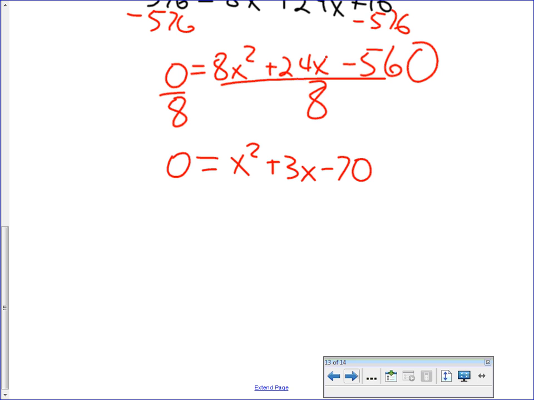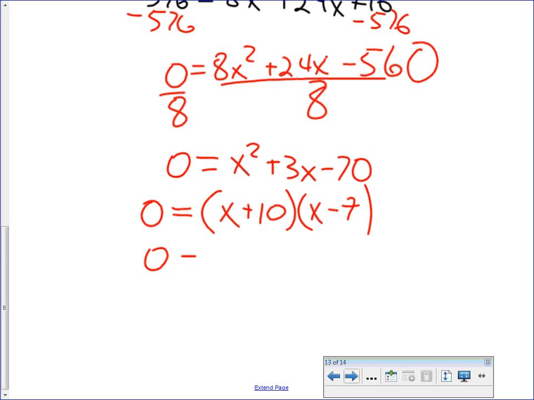So now I need two numbers that multiply together to give me 70 and add up to 3. Well, I think I can crack that code. That's going to be x plus 10 and x minus 7. And so my two solutions are either x equals negative 10 or x equals 7.